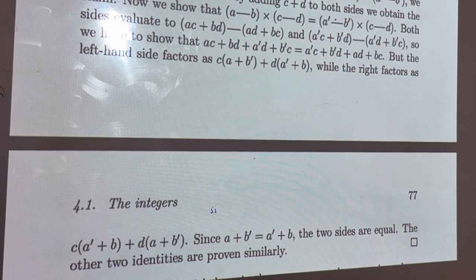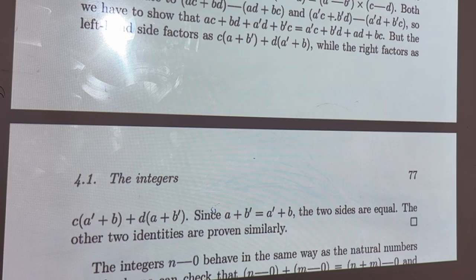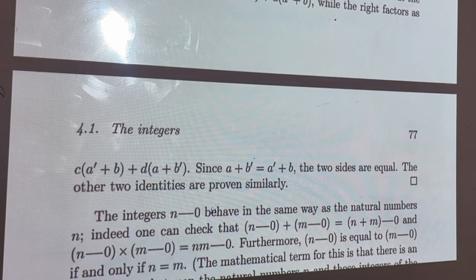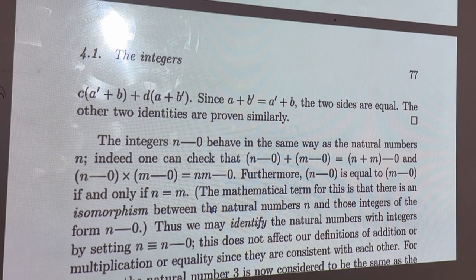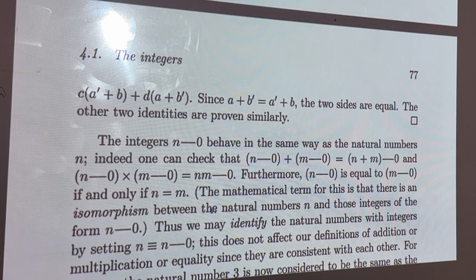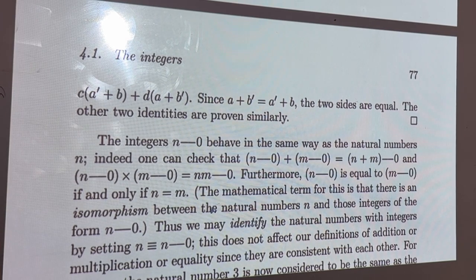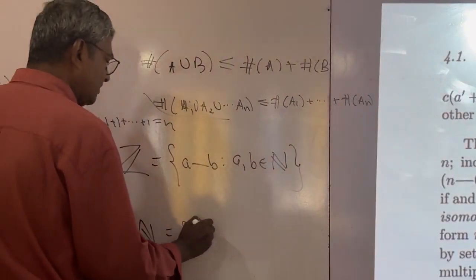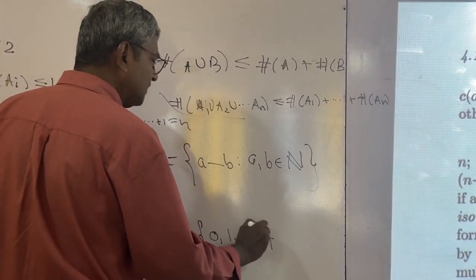Now anyway, he has proved two sides are equal, so it is well defined. Now the integers, because we haven't defined integers. Now we know the integers, we know natural numbers, capital N: 0, 1, 2, 3, 4 like that.